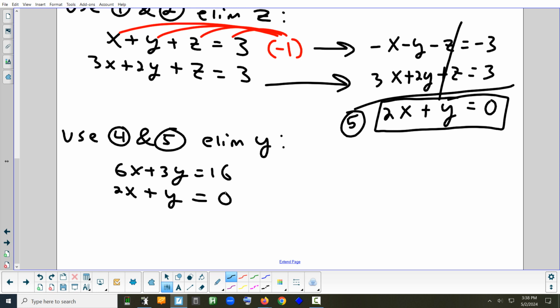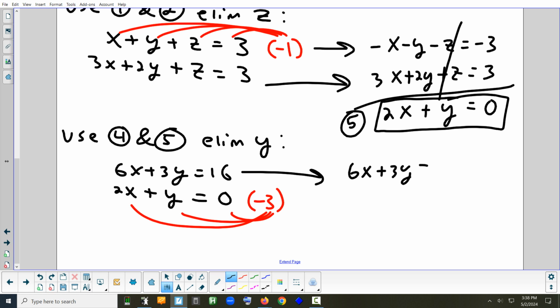You would multiply the bottom one by -3. Top is going to basically do what? Stay the same. What about the bottom? Negative 6x minus 3y equals 0.